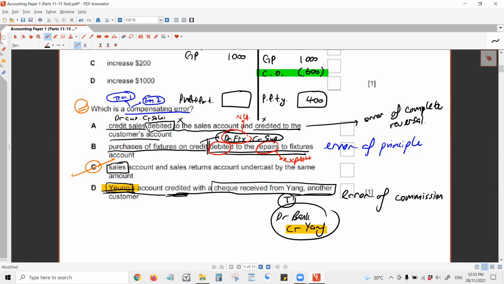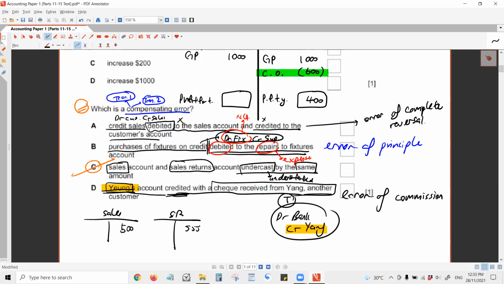Sales account, it has got to do with selling goods. Sale returns account has got to do with customer returning goods back to us. So I know they are linked to one another, but we are talking about two different accounts here. Undercast by the same amount. Undercast means understated. Okay, have to remember the synonym, understated, by the same amount. So the situation is this: sales account, sale returns account. Let's say you have 500 here, you have 555 here.